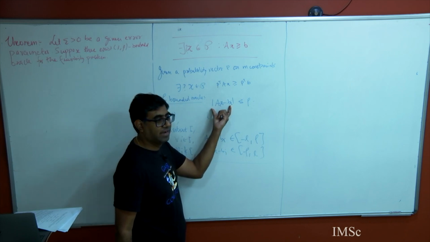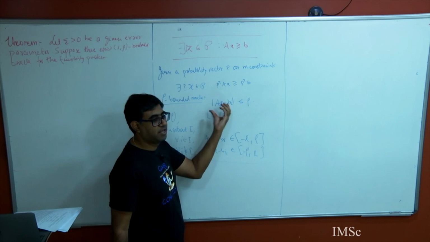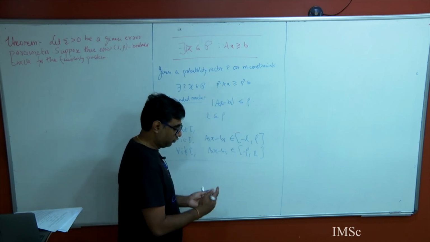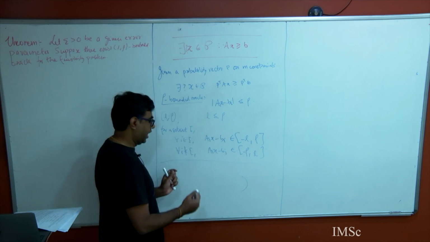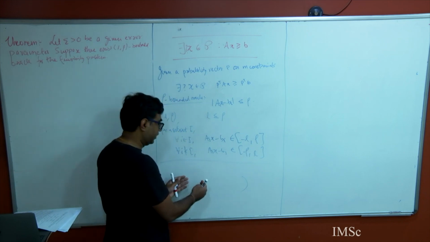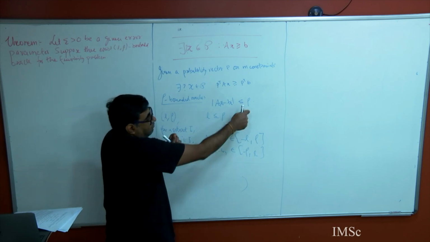But for now, just keep in mind that we look at how much each constraint is violating. Think of this as the violation. The violation is bounded; it is not unbounded. I have been able to set the values of x such that a_i x and b_i don't differ from each other by more than a factor rho.